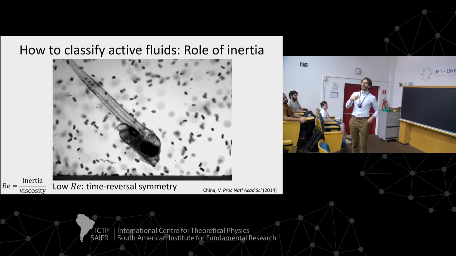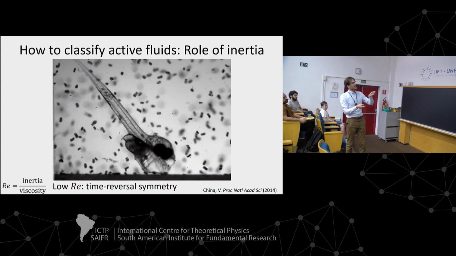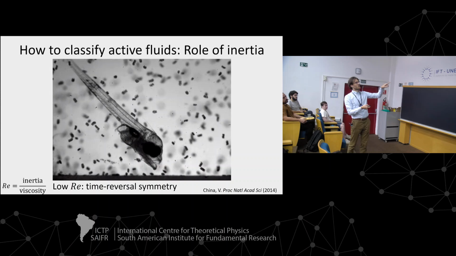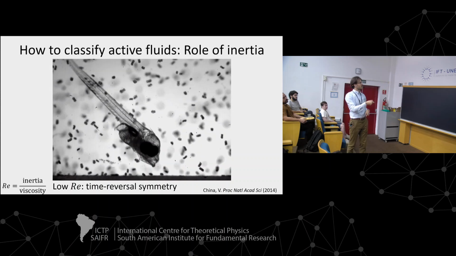It turns out that when fish are growing, if they start out small enough, they have a very hard time eating. The reason is that fluid dynamics without inertia, which is fluid dynamics at very small length scales, is purely reversible. So if you open your mouth and ingest the food, when you close your mouth, the food will flow out.